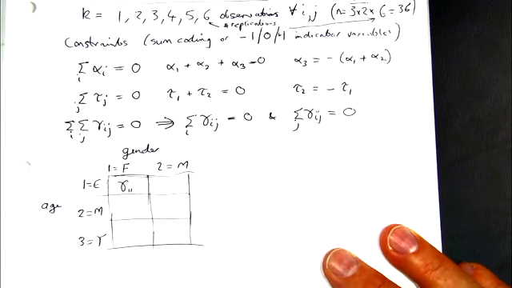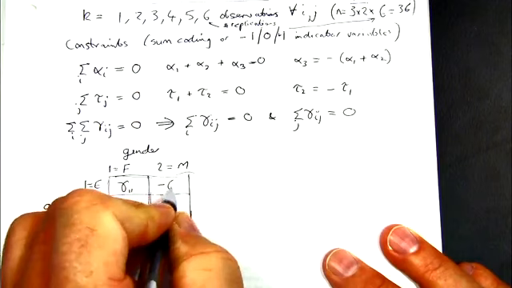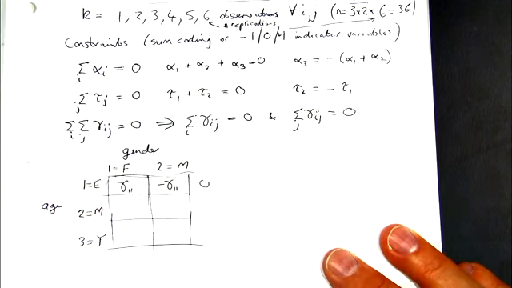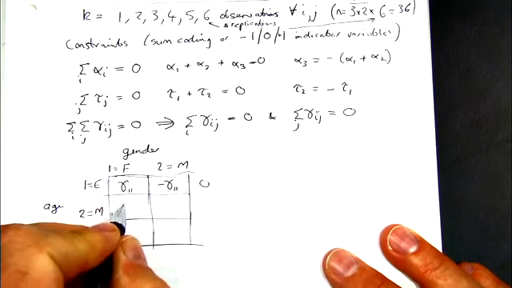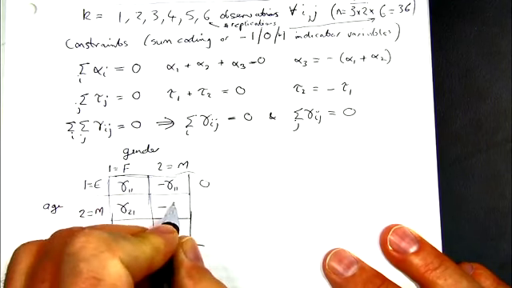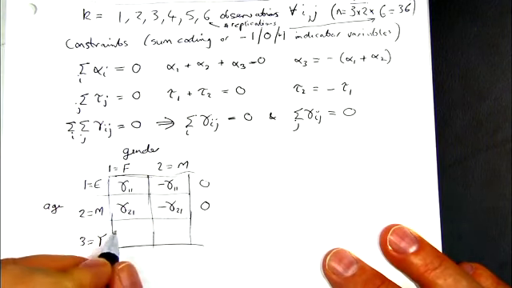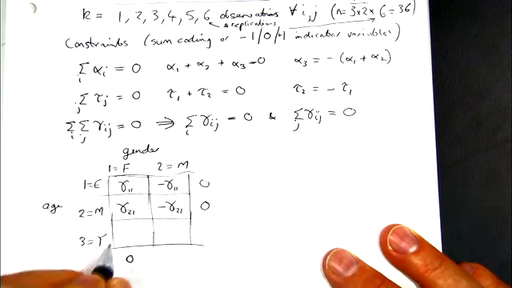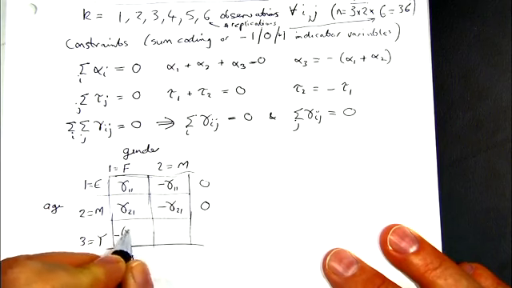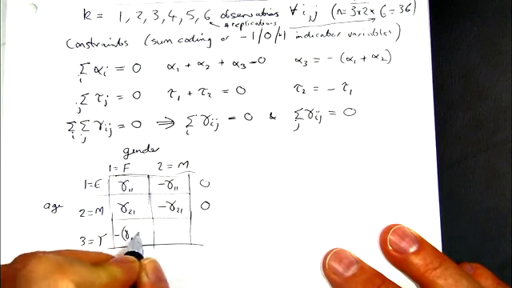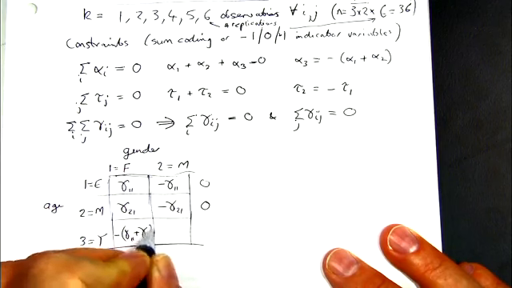And we're going to have an interaction term there, and the negative is going to be there because they have to add up to 0. Because we have to add up across the common dimension. And here, this one will be the negative of the sum of those two.